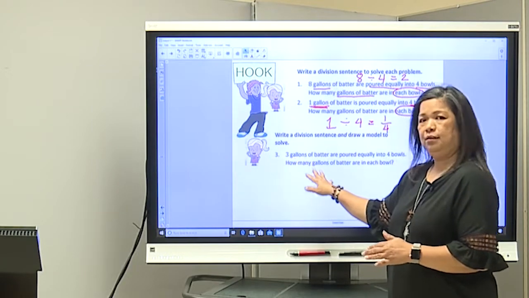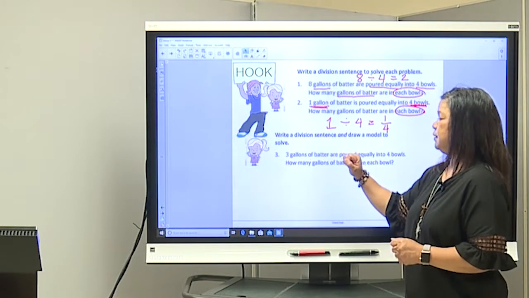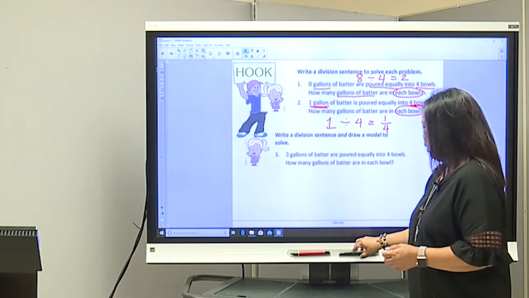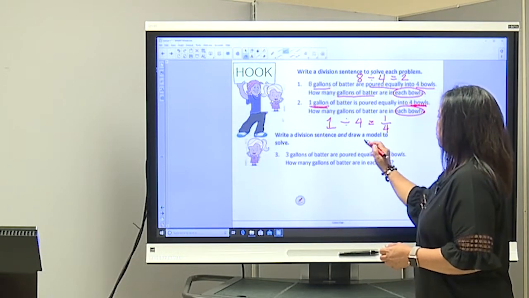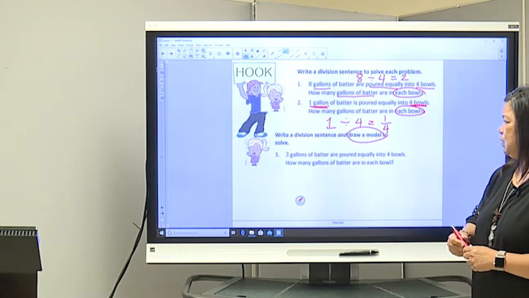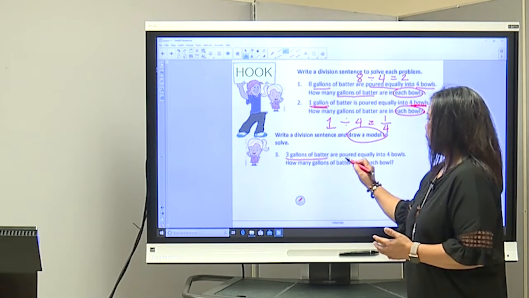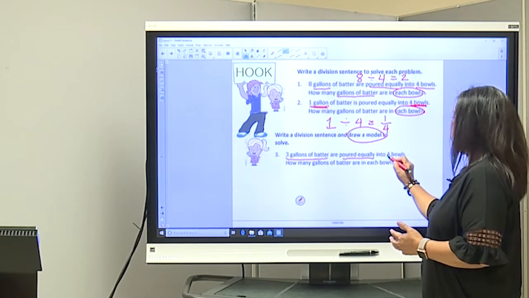Now, let's look at this one. In this problem, we are not only going to write a number sentence or a division sentence, we are also going to draw a model to solve this problem. So what do we have? 3 gallons of batter poured equally into 4 bowls.